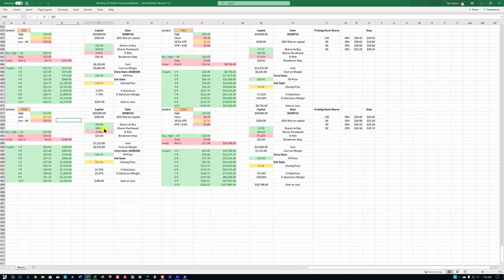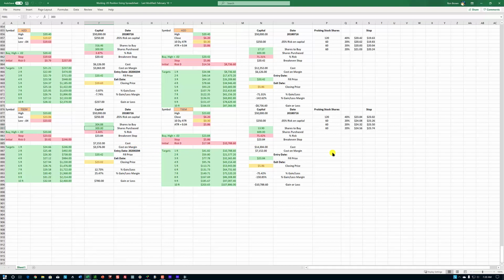So on this TSEM, I could have bought 300 shares risking 3.44%. And this is the position sizing right here. It tells you how many shares you can buy to attain or control your risk to $250.